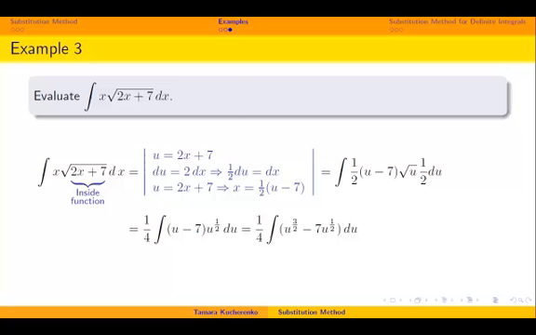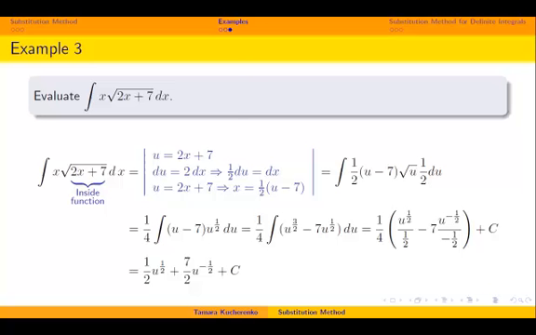After applying the power rule, we obtain 1/4 times (u to the 3/2 over 3/2 minus 7 u to the 1/2 over 1/2) plus c. We simplify and get 1/2 u to the 1/2 plus 7/2 u to the negative 1/2 plus c.